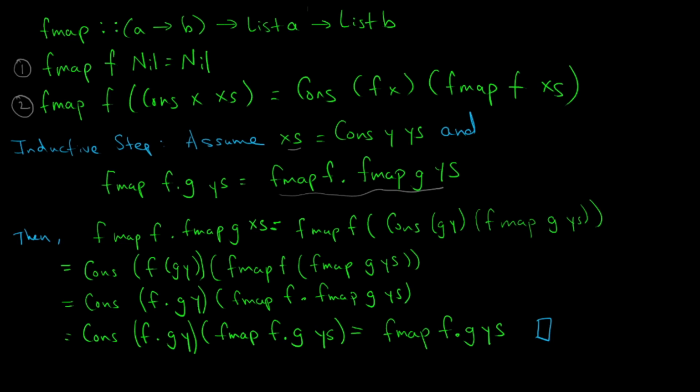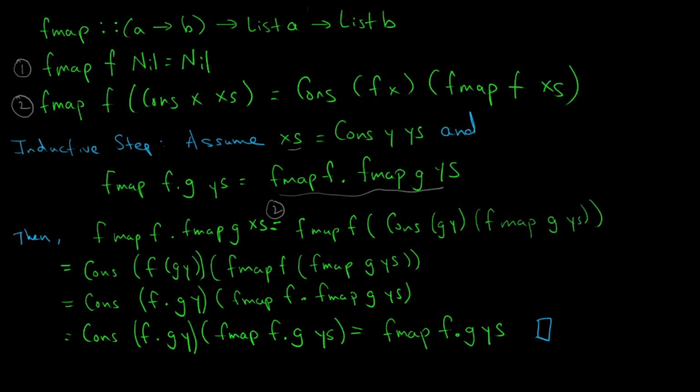We'll just use the definition of composition. We retain the fmap of f, and then we apply fmap of g to the x's. So this is just the second line of the definition of fmap. We get cons g applied to y, the head, and then fmap of g applied to the tail.